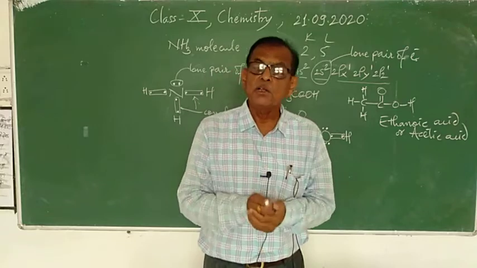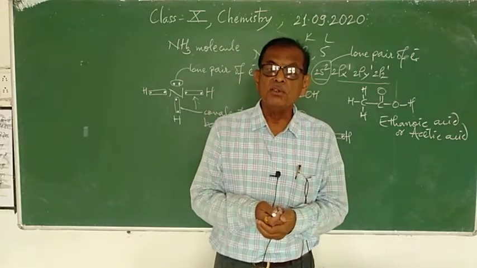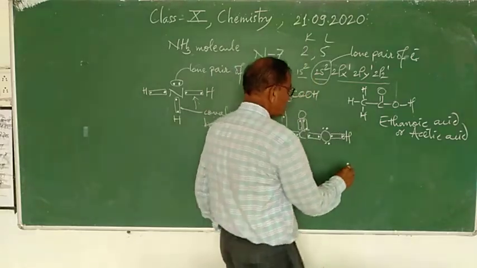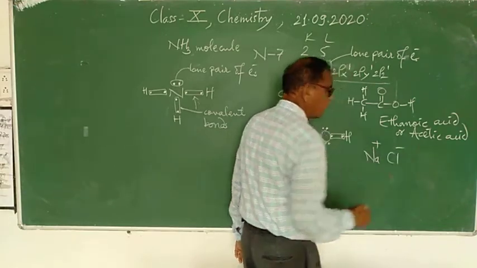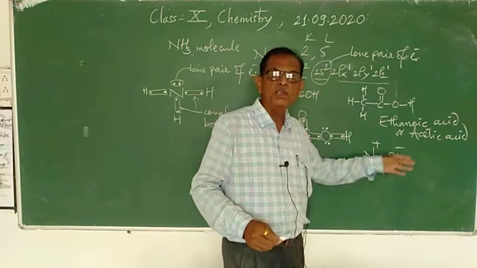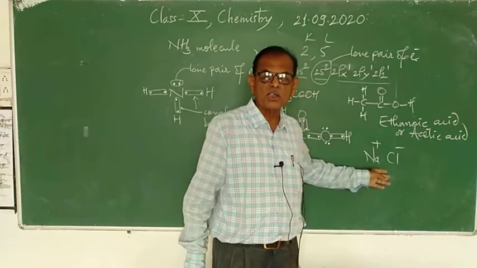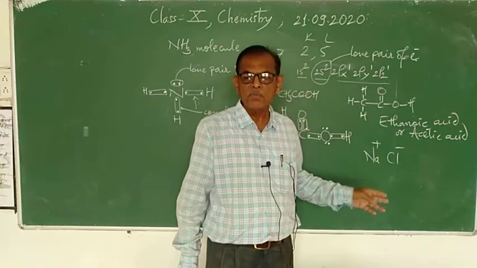In electrovalent bonding, we have seen the formation of charged particles, Na positive, Cl negative, because sodium loses an electron and the electron lost by sodium is accepted by chlorine.